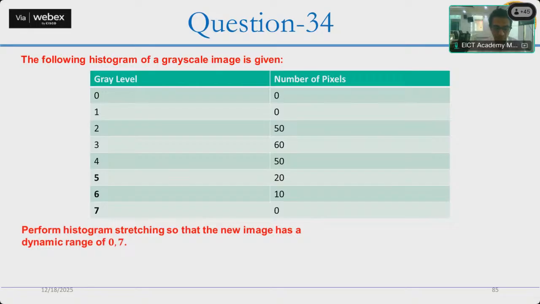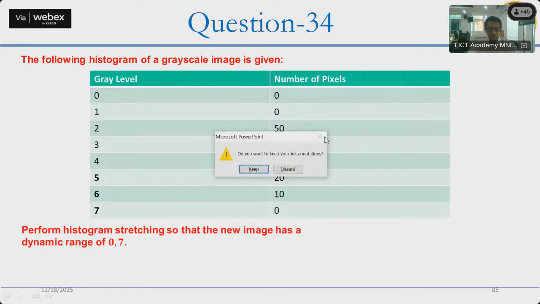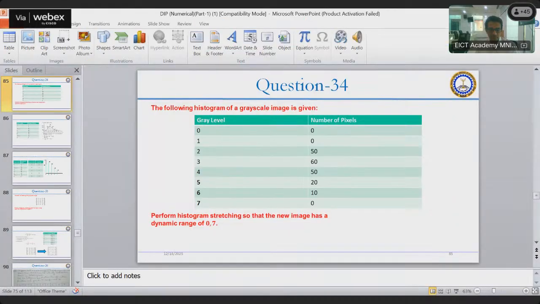First, we recall what histogram stretching was. Should I show you the slide of the histogram stretching? So that we are able to absorb the concept we are going through.